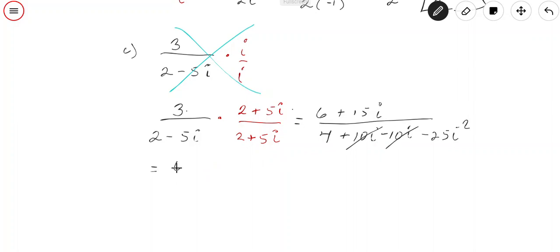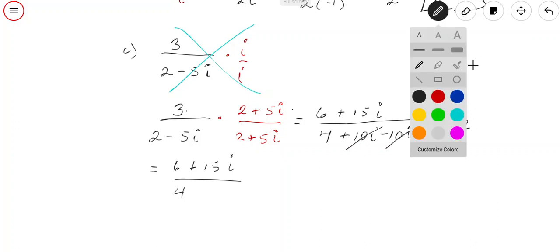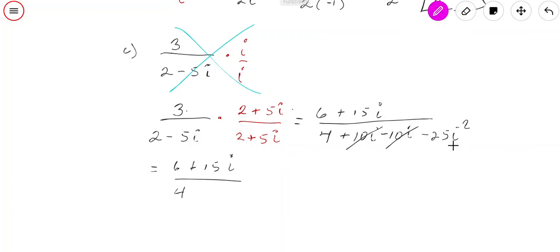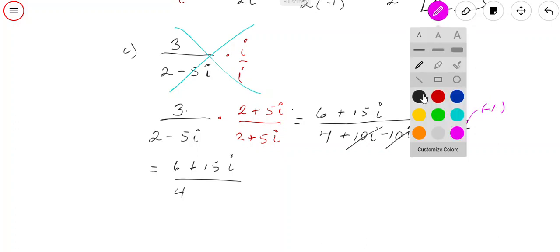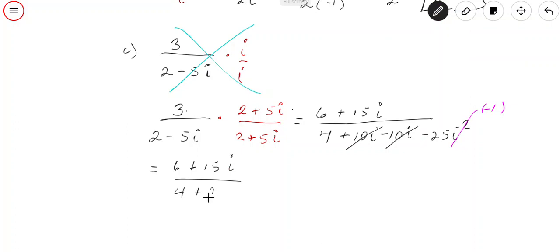So I get 6 plus 15i over 4 minus 25 times i squared. We know that i squared is -1, so -25 times -1 is positive 25. So now we have 6 plus 15i over 29.